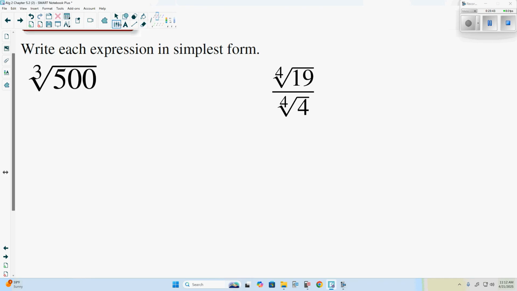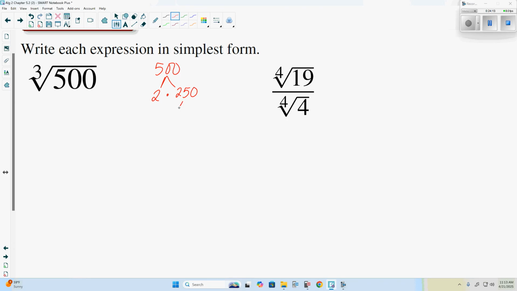Now, we can do it the way we've been doing it. Or the other option is to just start dividing 500 by our cubes to see if we get something that simplifies. So 8, 64, 27, and going up that way. Or we can do our factor tree. Since it is an even number, we know that it is divisible by 2.